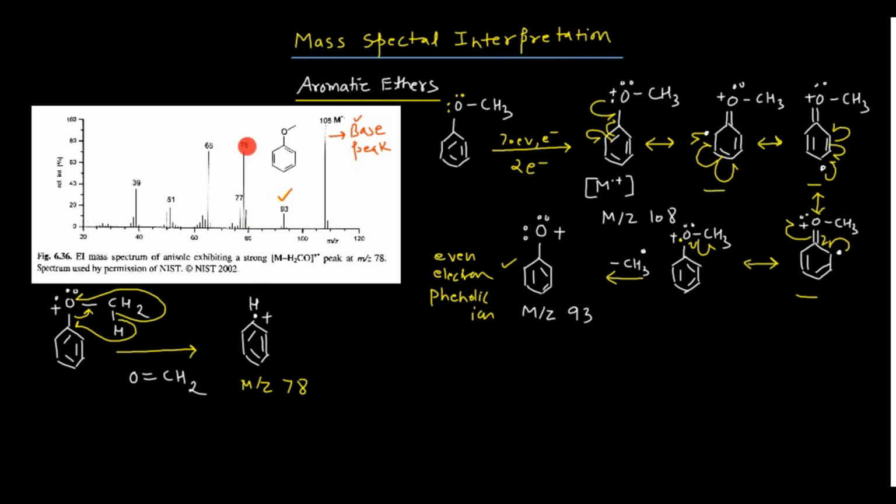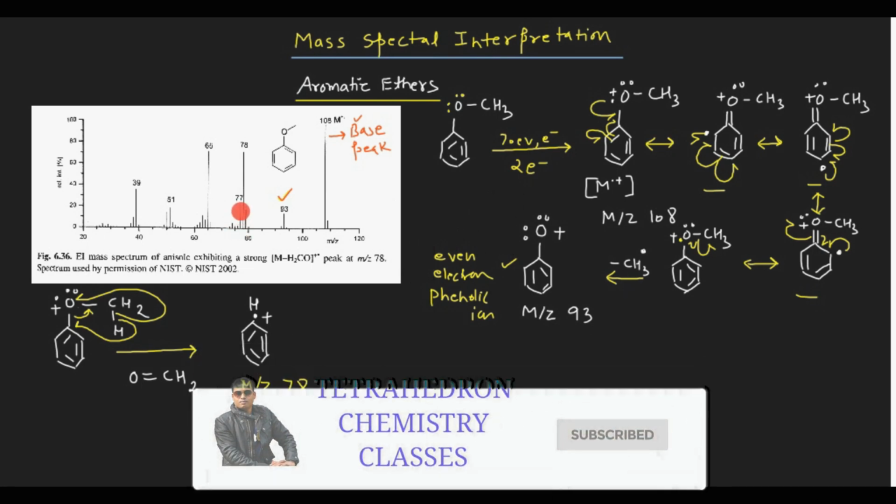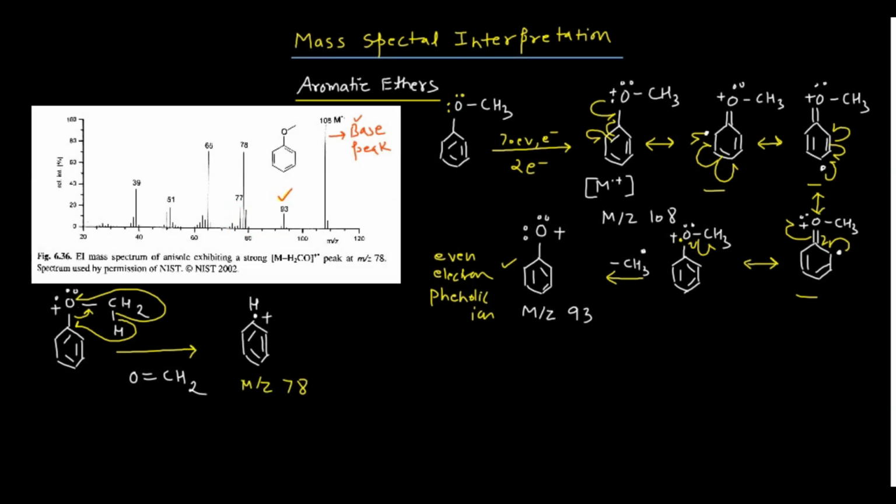Okay. And your next important peak is what? Your 77. If you want, you can explain this 77 as well. Otherwise, you can leave it. But I am going to explain this 77 as well. So how can we make this 77 fragment? Now this hydrogen will be removed along with its single electron.